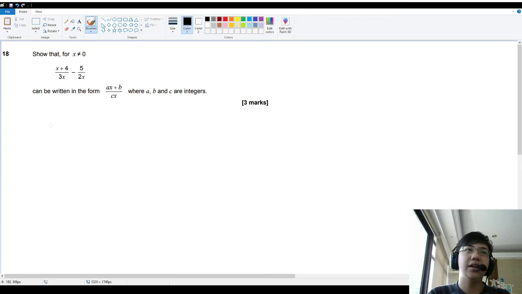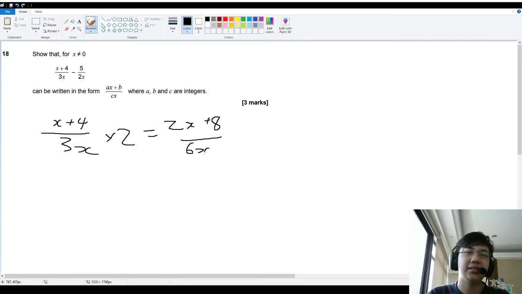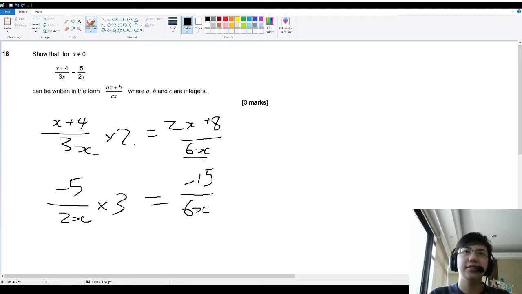So we can multiply x plus 4 over 3x by 2, which gives us 2x plus 8 over 6x. Then we can multiply minus 5 over 2x by 3, which gives us negative 15 over 6x. And now the denominators are the same, so let's use a different color.